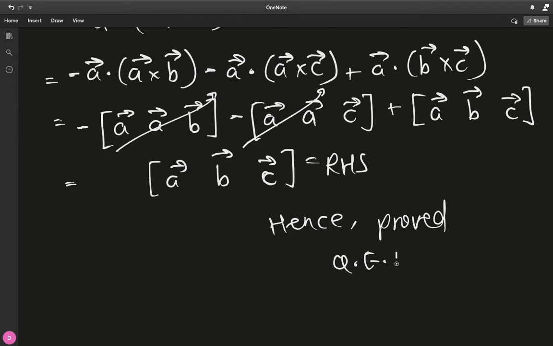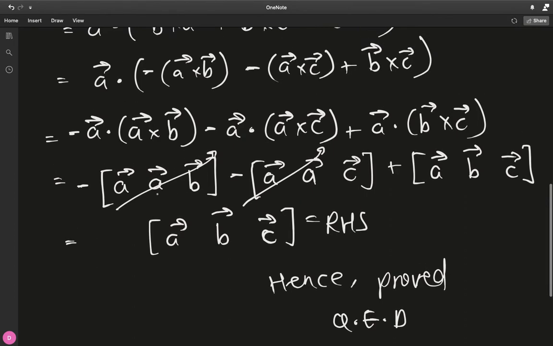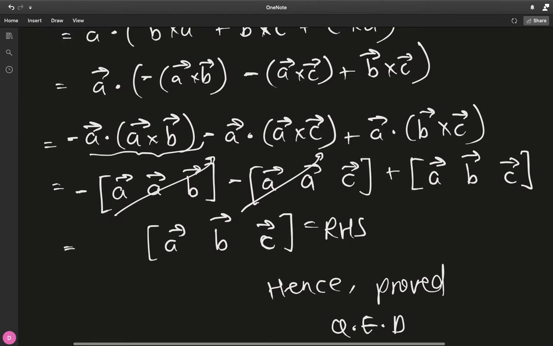QED. And if you want an insight into why two identical vectors in a scalar triple product make the entire scalar triple product 0, that's because you had this as your original definition of the scalar triple product. But the thing is, you can switch stuff as long as they're cyclical. So if A was at the start, B can take the place of A, and then these two A's move ahead. So B goes in the front.